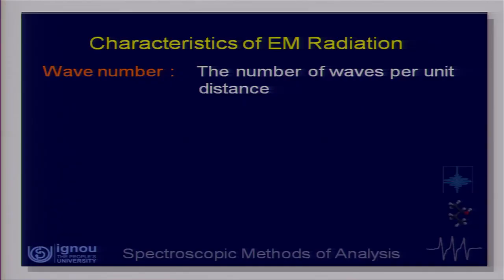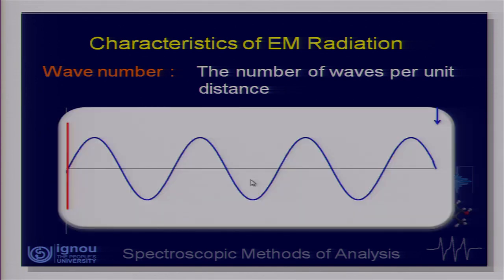Okay. Now, let us take up yet another characteristic of EM radiation, and that is wave number. As the name suggests, wave number is defined as the number of waves per unit distance. Let us look at this. I have a wave here, starting from somewhere here and terminating here.